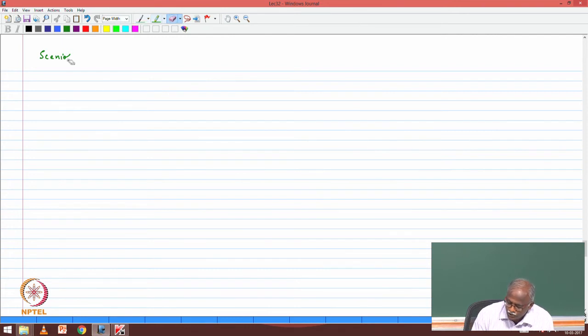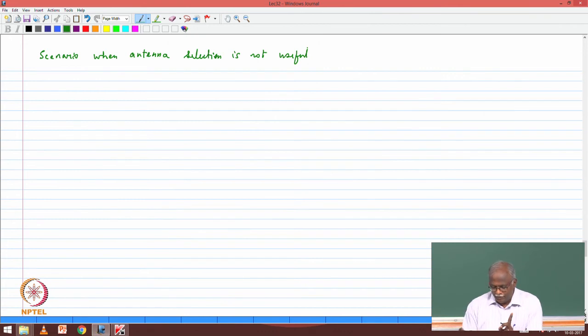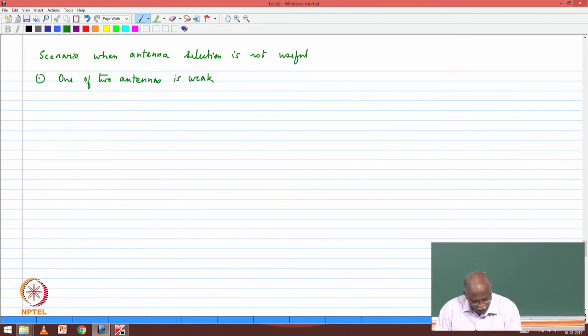It is not useful if, in the case of two antennas, one of the two antennas is weak. If you have only two antennas and have to choose between them, and one of them is weak, then it is not going to help us.